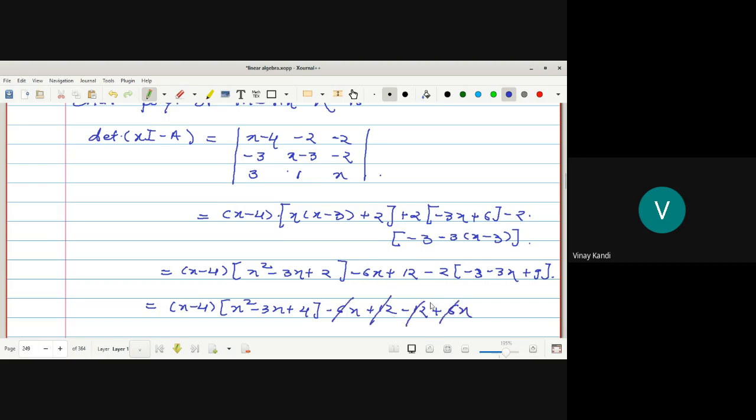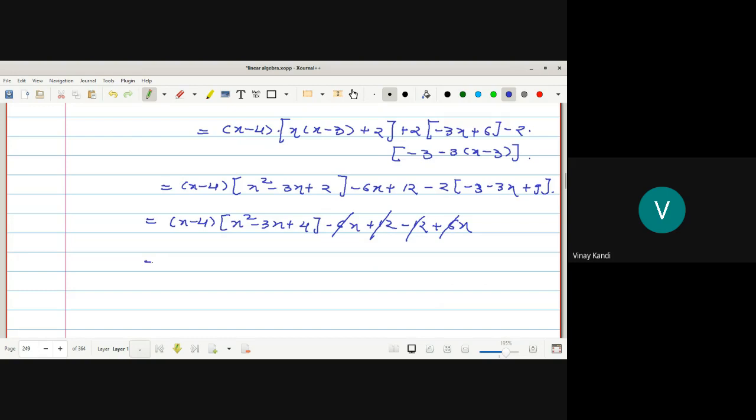Which is equal to x minus 4 times, multiplication 2, addition minus 3, x minus 2, x minus 1. Is it correct? So this is equal to x minus 4, x minus 2, x minus 1. So this is f of x.